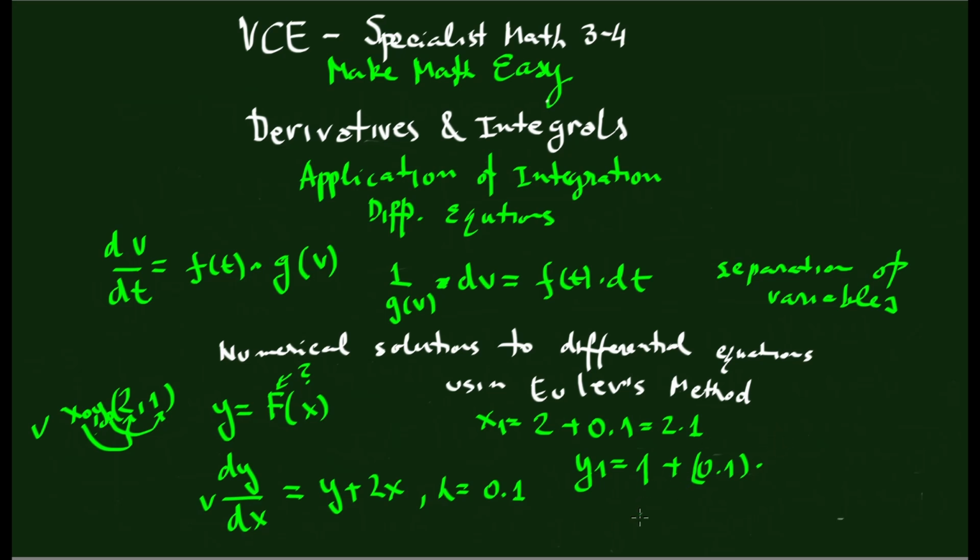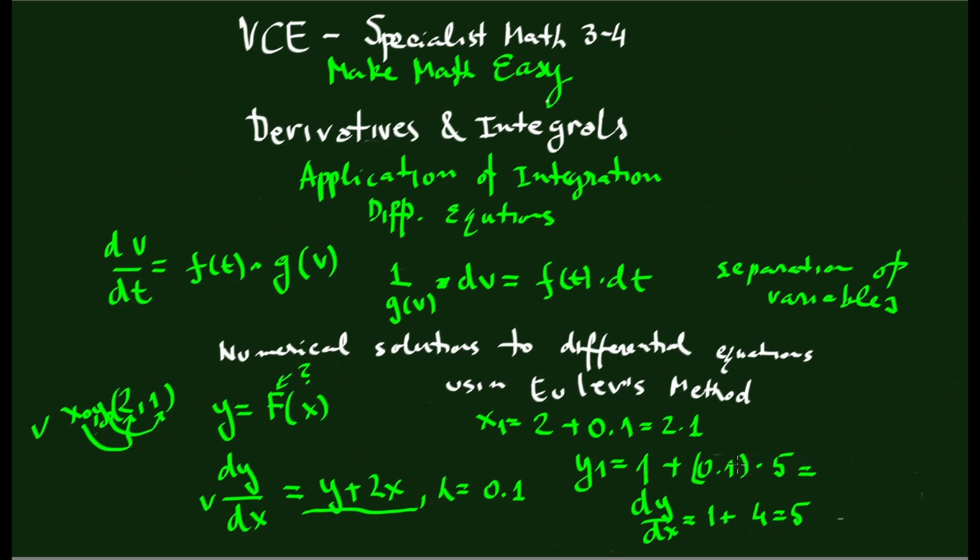So we need to find dy by dx at the point 2, 1, using our formula. So 2, 1 becomes 1 plus 4, that's 5, times 0.1.